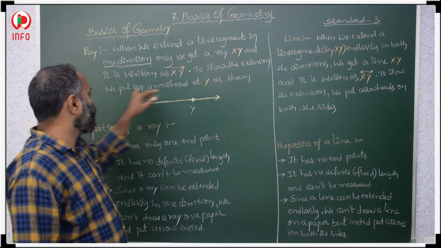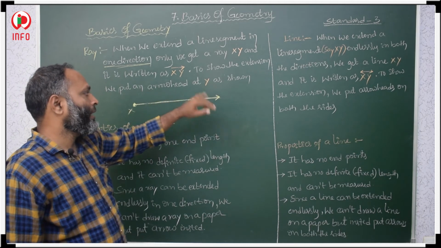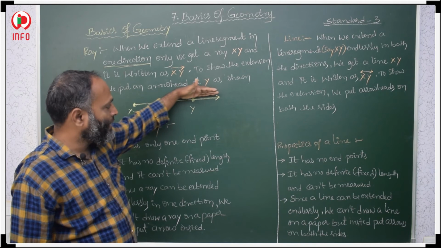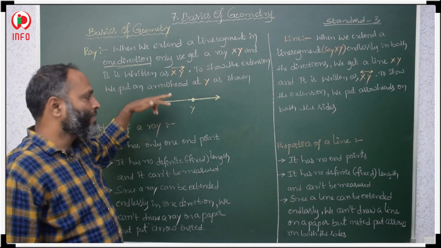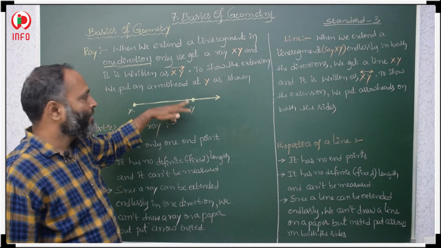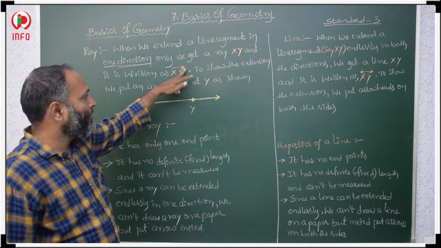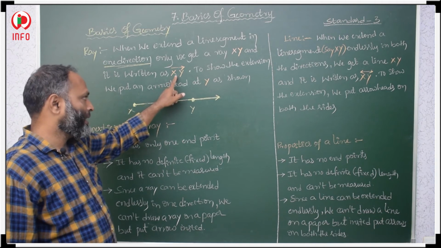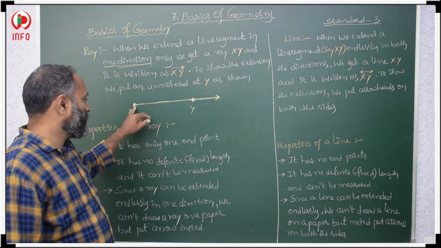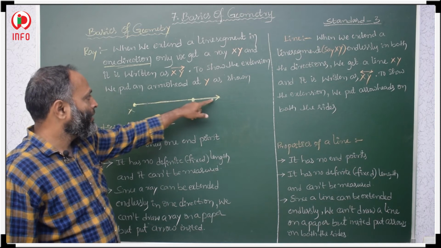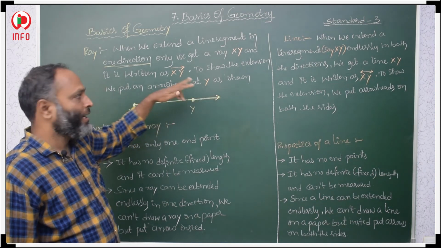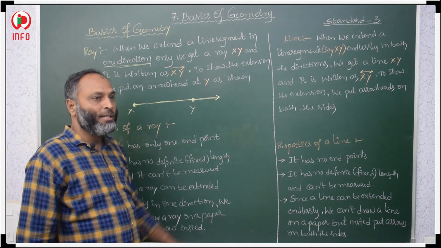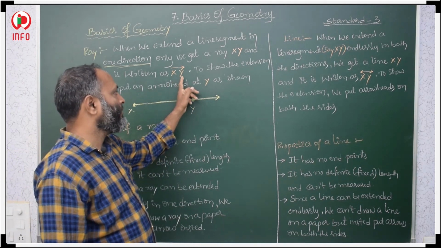To show the extension, we put an arrowhead at Y. Where is this extension? In the Y direction. So we have to keep the arrow in the Y direction. So first we take X, then after that Y. So X is one endpoint and we extended in the Y direction. So we have to keep the arrowhead at Y. So we have to represent ray XY like this.